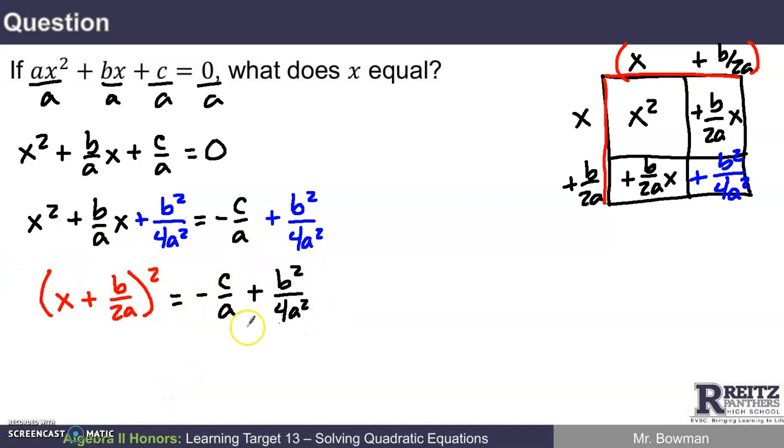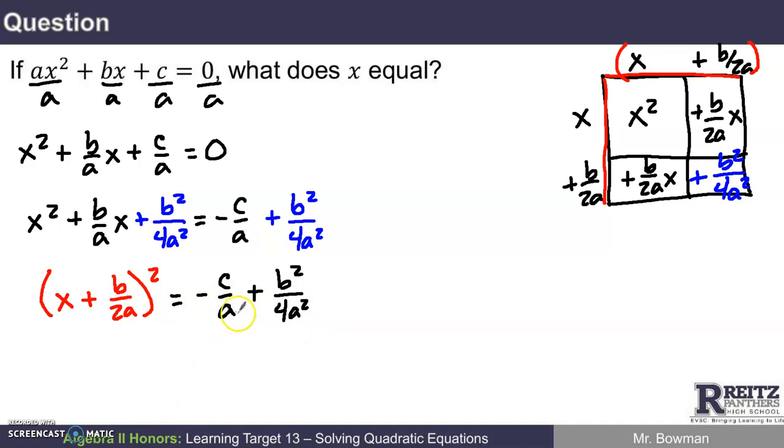I think I want to do some work on this side to try and make that as simple as I can first. I'm going to think about taking the square root of that in a minute. It would sure be helpful if I can make one big fraction out of that. The way to make one big fraction out of this is to make sure that both terms have the same denominator. This term has a denominator of 4a squared, but this term only has a.